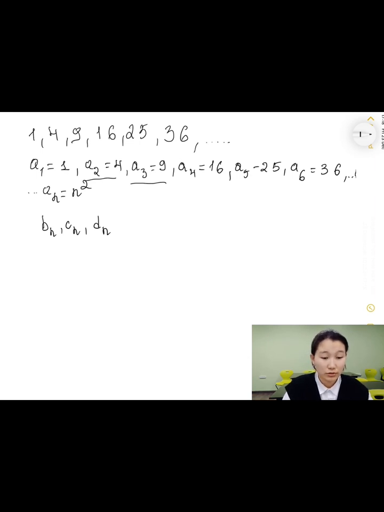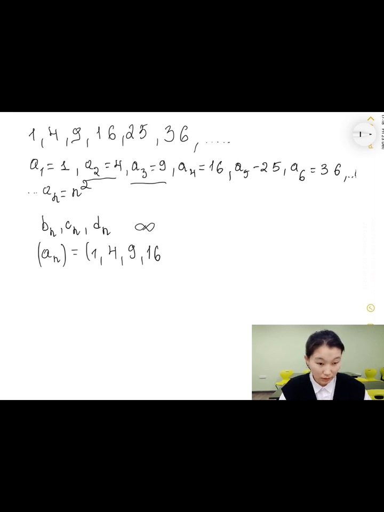By the set of natural numbers, we mean all positive integers, and we denote this set by N. The sequence (an) equals 1, 4, 9, 16, and so on, up to n squared, and so on.